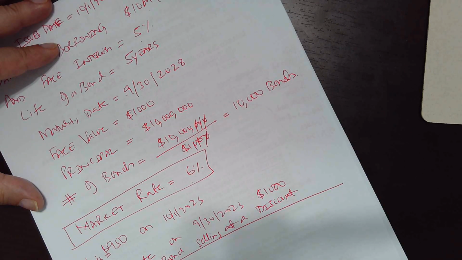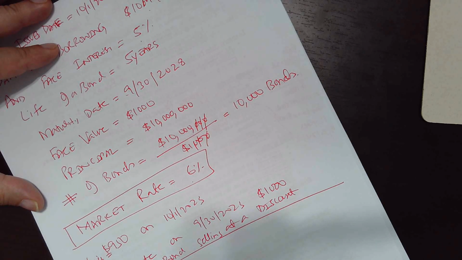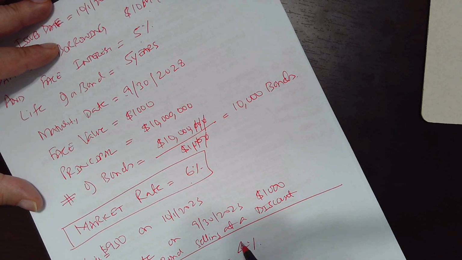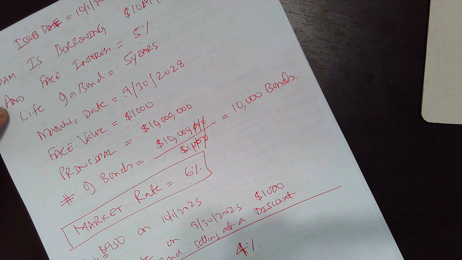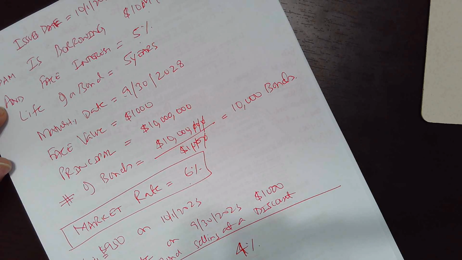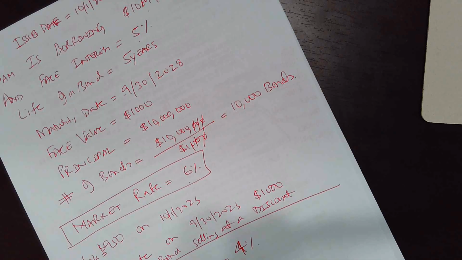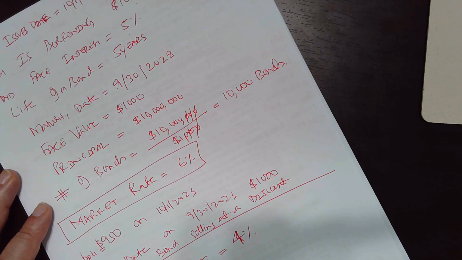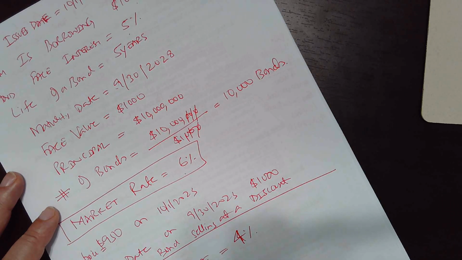Now, what if the market rate is equal to 4%? And now you are offering 5%. So you're offering more than the market rate. When you do that, your selling price would be approximately $1,050 on 10/1/2023.